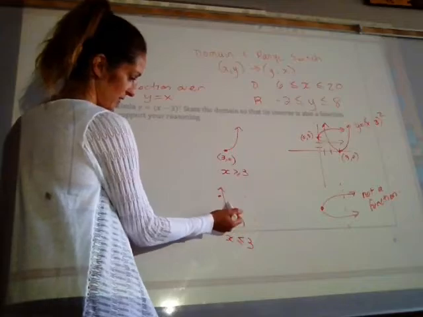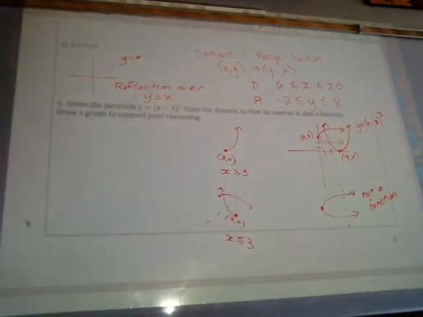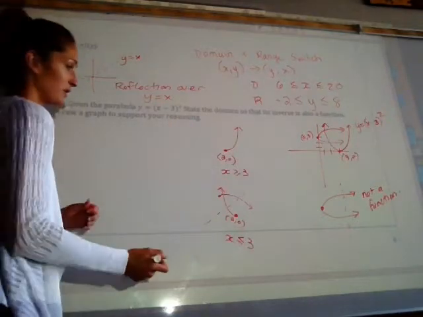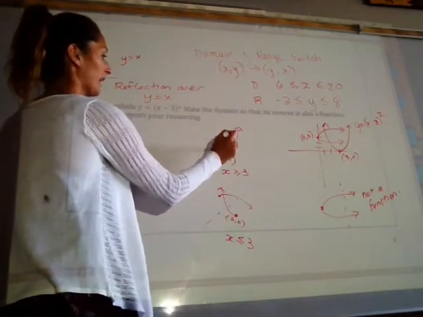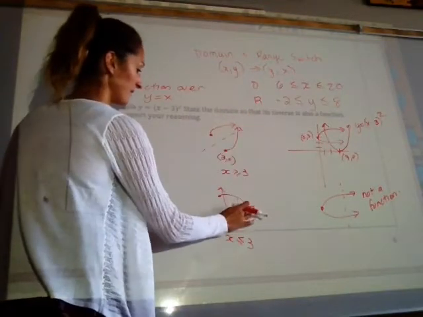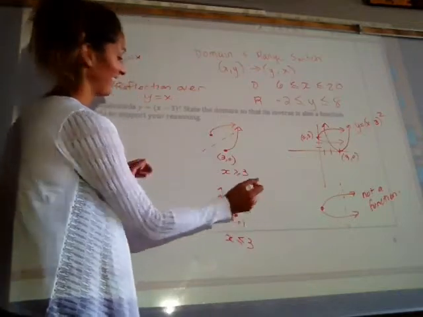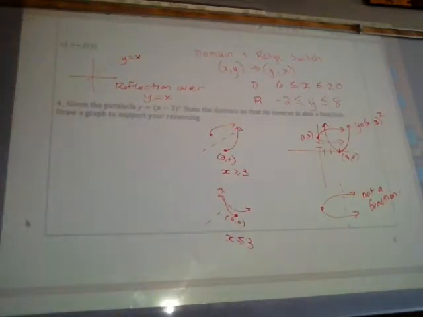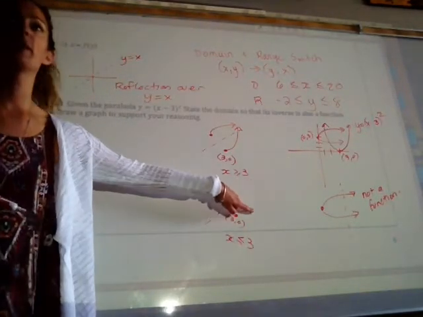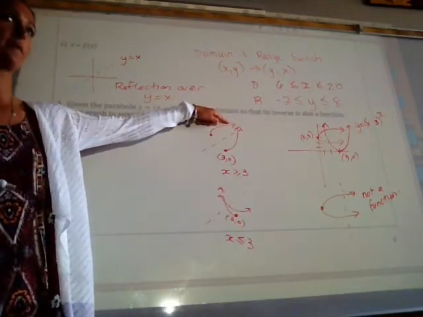Okay, that would go this way. Okay, sorry if I dipped a little bit too much. Okay, and then if that was reflected over, oh sorry, I did that opposite. Yeah, it would go this way. Sorry. Okay, so the inverse is just one piece, so it would be a function.